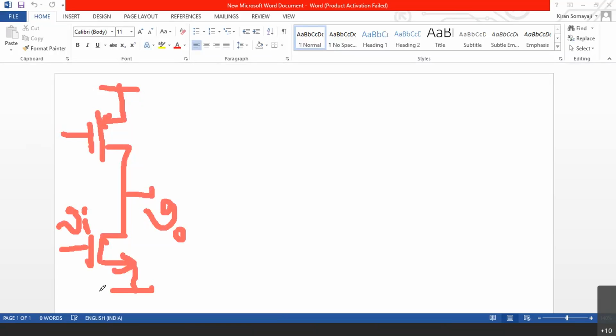Now, even using MOSFETs, we can have a common drain amplifier, where I will just write the emitter follower circuit first using the BJT.